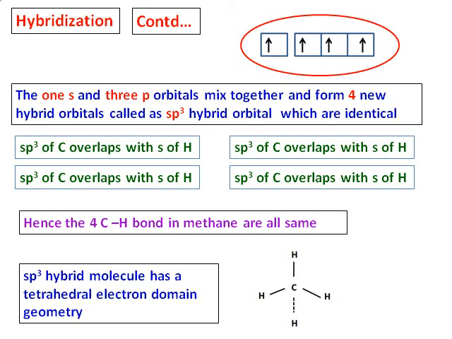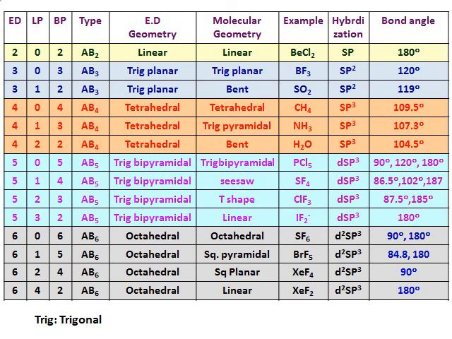So the orbitals mix together and hybrid orbitals are formed, and hence all four bonds formed are identical. The table over there is the same table you have seen in the previous videos. The only thing added here is the hybridization.